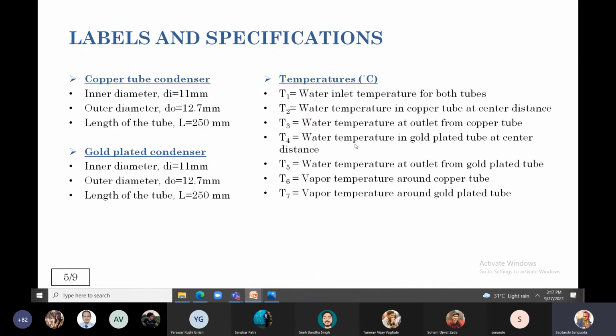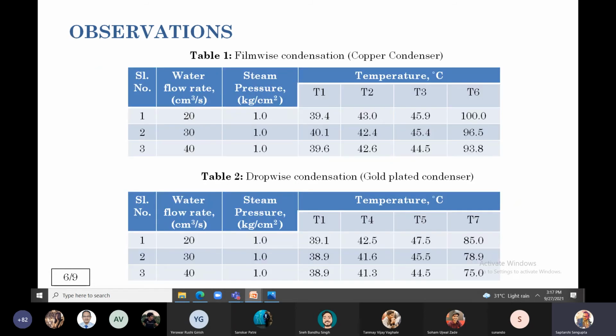T2 and T4 are the center point temperatures of the copper tube and the gold plated tube respectively. We also have water temperature at the outlet of the copper tube, which is T3, and for the gold plated tube, which is T5. And finally, we have the vapor temperatures around the two tubes, that is T6 and T7. So these are the 7 temperatures that we are noting down.